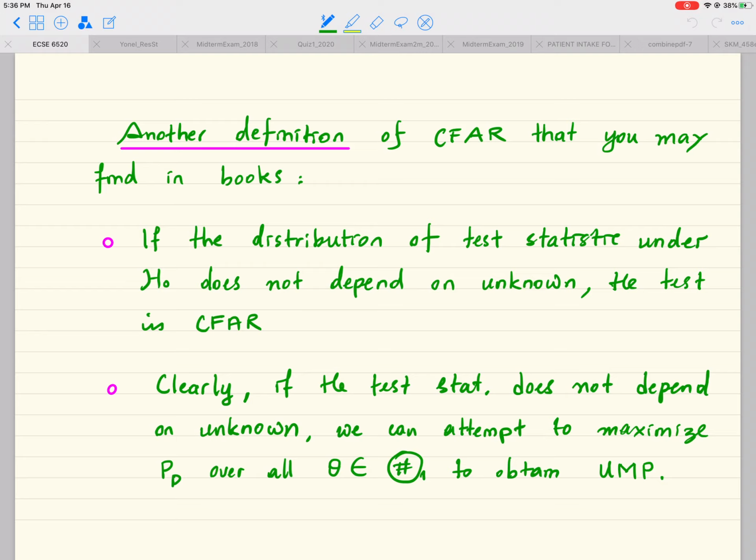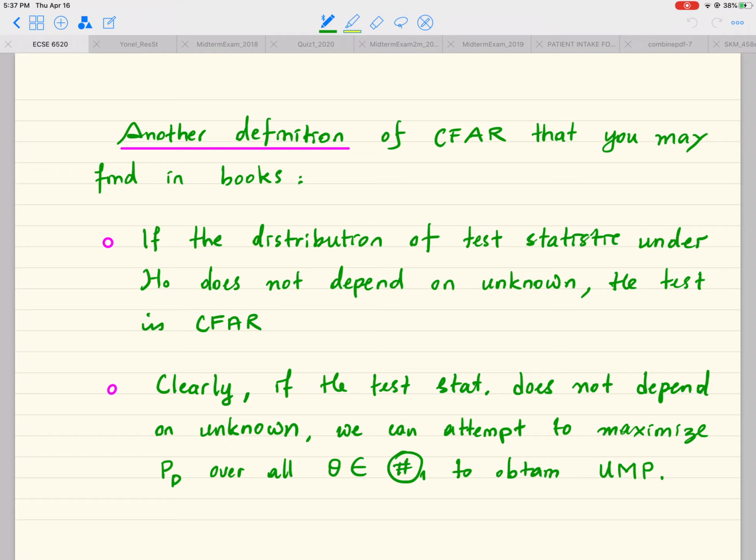Another definition of the CFAR is that we have a test statistic, and the distribution of the test statistic does not depend on the unknown parameter under the null hypothesis, in which case, of course, we can set the threshold irrespective of the unknown, and we can set the threshold constant as we wish.